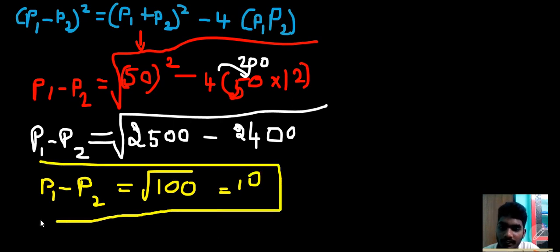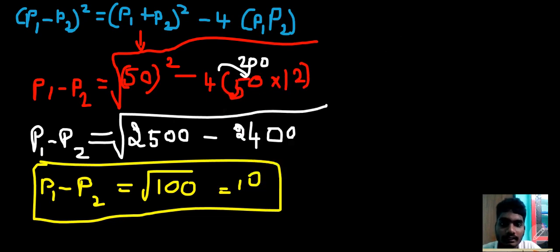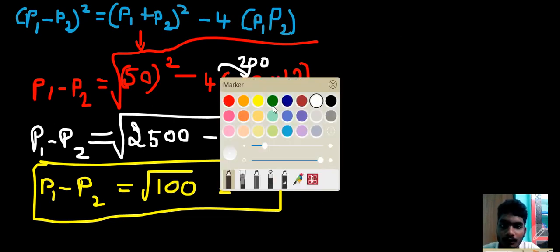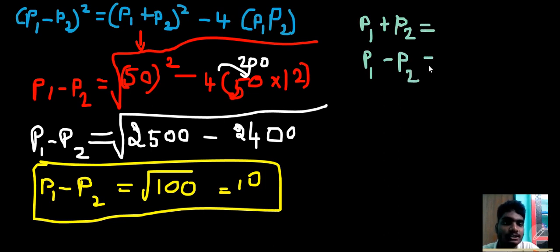We found the value, right? So by knowing these two values, p1 plus p2 and p1 minus p2, by adding these two equations, p1 plus p2 is written here itself, so 50, and we found p1 minus p2 is 10.